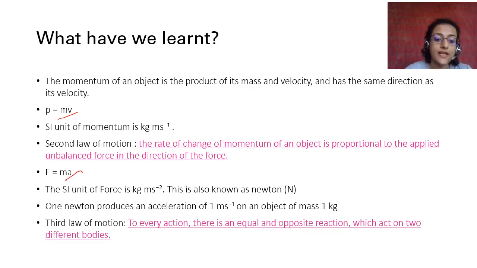The SI unit of force is kilogram meter per second square, also known as Newton. 1 Newton produces an acceleration of 1 meter per second square on an object of mass 1 kg. This is the definition of Newton, the unit of force.